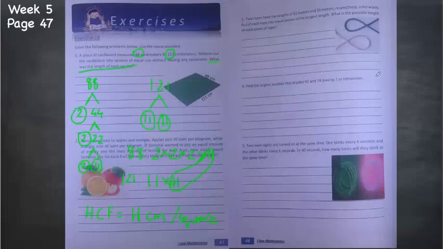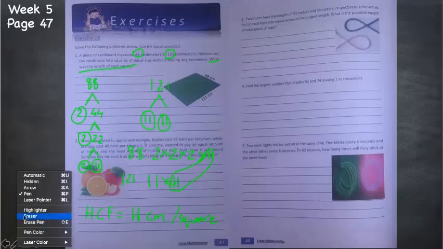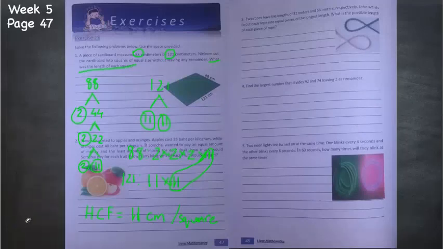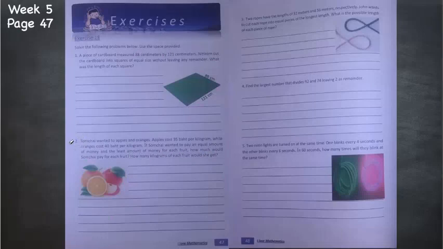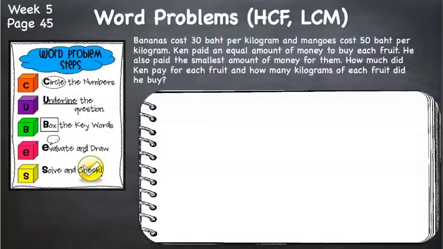Now, I want you to do the rest, 47 to 48 by yourself. A little tip, number 2, right? For number 2, as you can see, it looks exactly like word problem example number 2 on page 45, right?